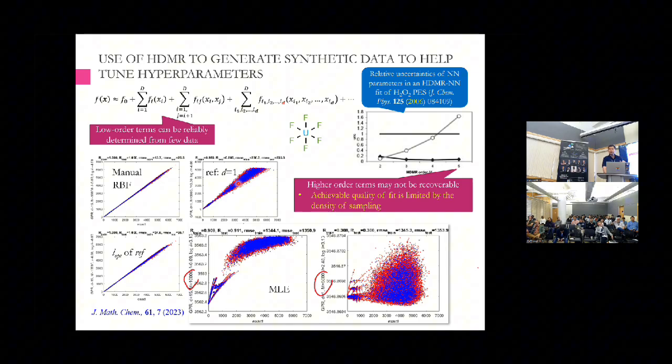But I can then use this fit to generate more and more data. And it turns out that if I then run an automatic, for example MLE-based, hyperparameter estimation on the generated data, which we'll call the 1D reference data, the optimal hyperparameters which come out of that are not exactly the same as would have been optimal for the full 15-dimensional data set, but close enough, good enough. So these expansions can be used as surrogate models, as crutches, to help, for example, find optimal hyperparameters. So this is also important.